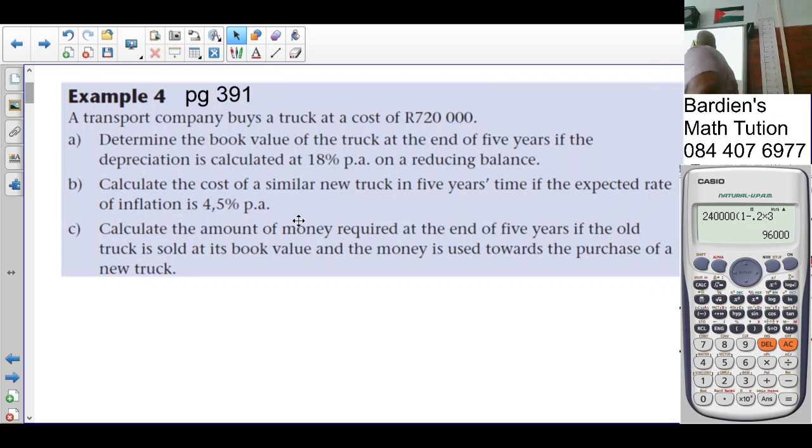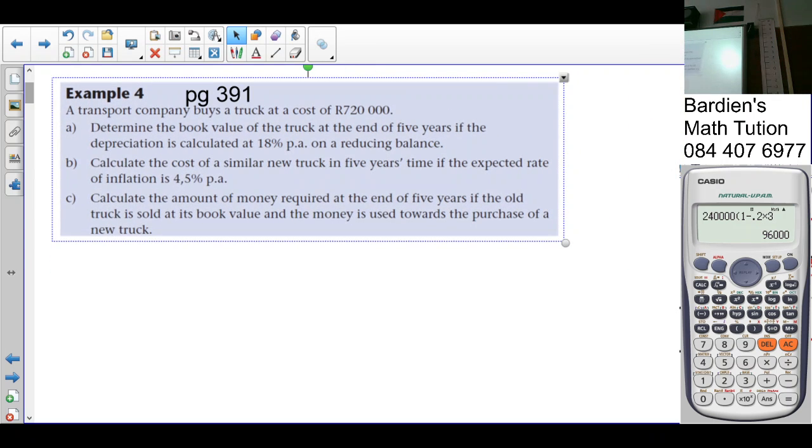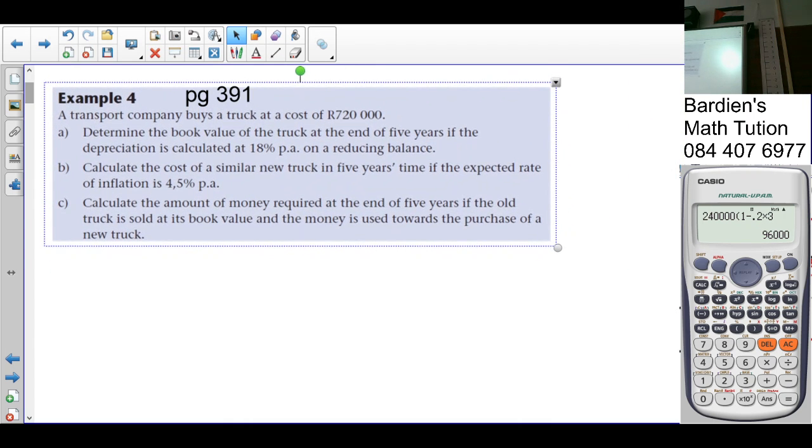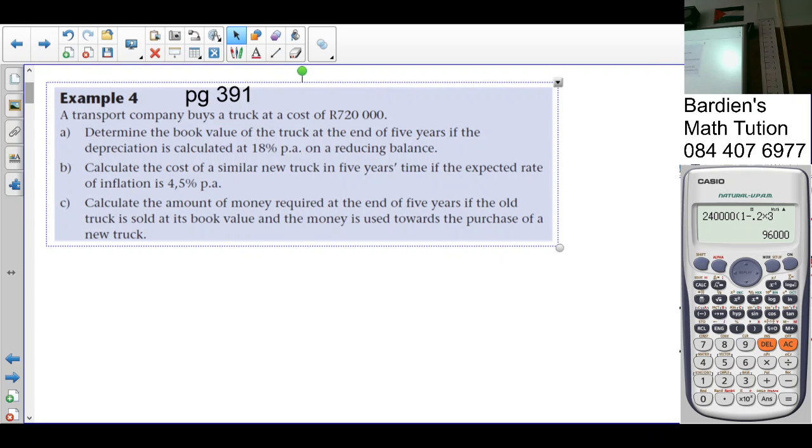Okay, so we are told that in example 4, a transport company buys a truck at the cost of 720,000 rand. Determine the book value of the truck at the end of 5 years if the depreciation is calculated at 18% per annum on the reducing balance method.